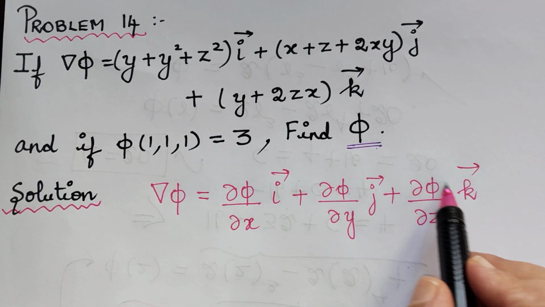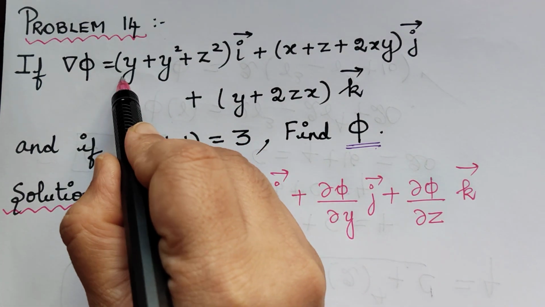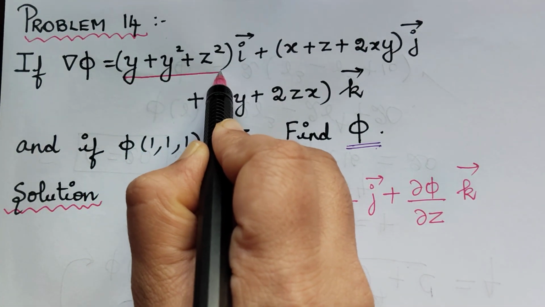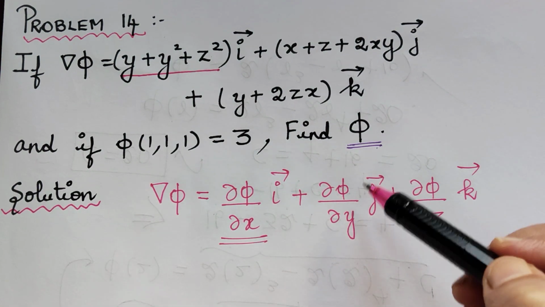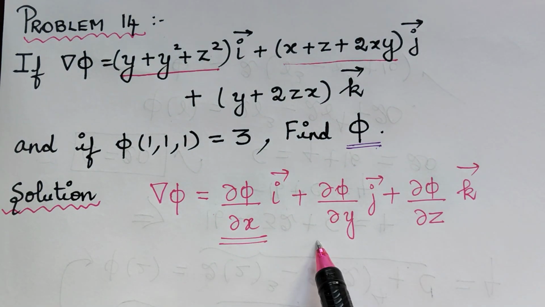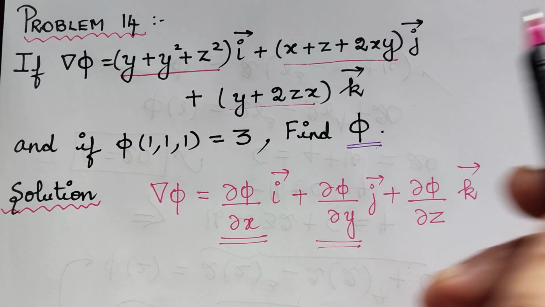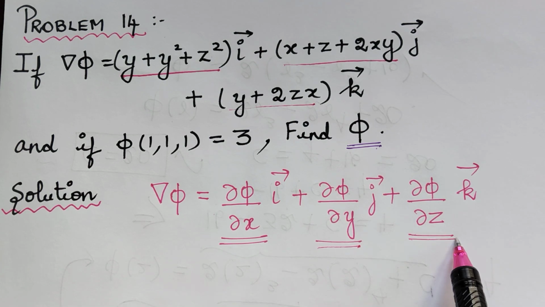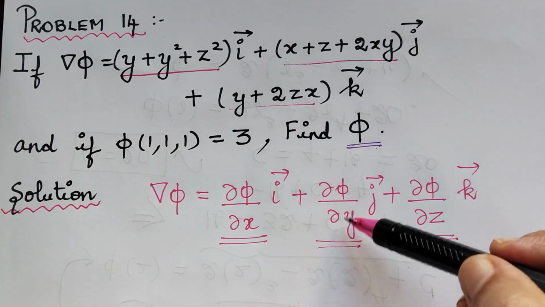So comparing with the given nebula phi, we understand that y plus y square plus z square is dou phi by dou x, and x plus z plus 2xy is dou phi by dou y, and y plus 2zx is dou phi by dou z. So on comparing this, we get these three values.